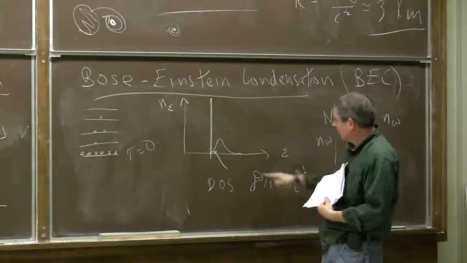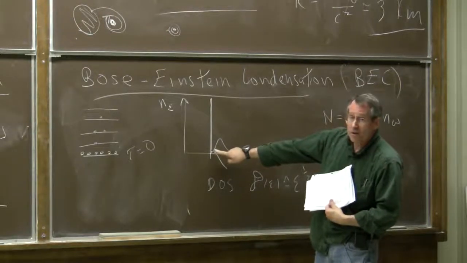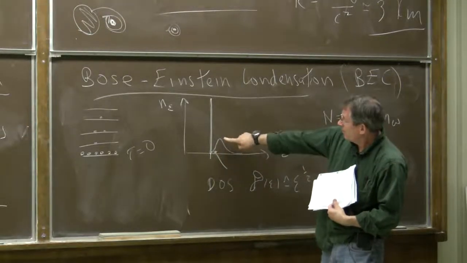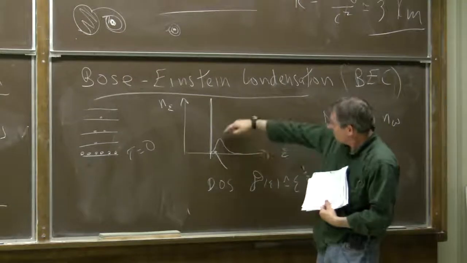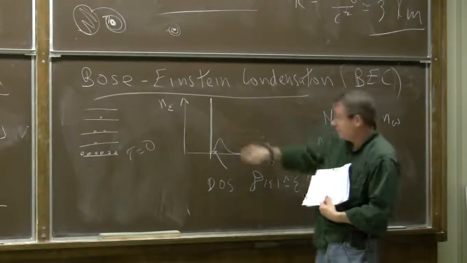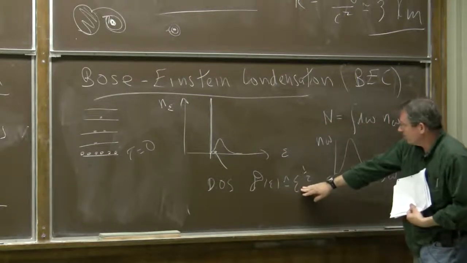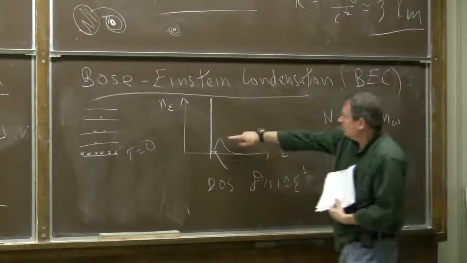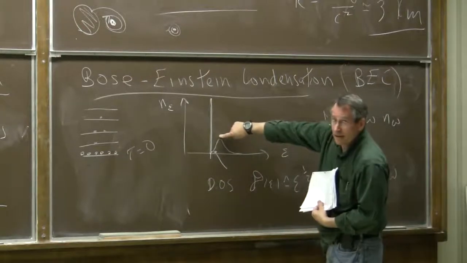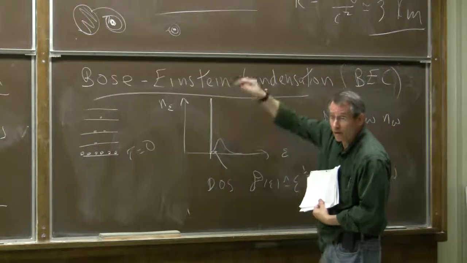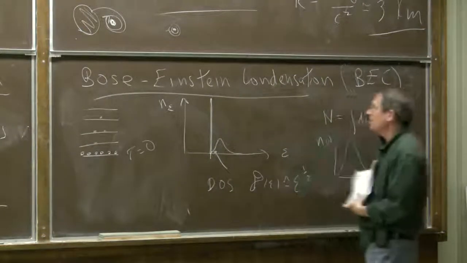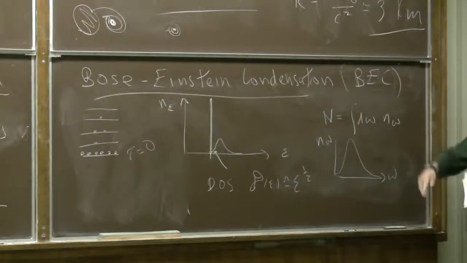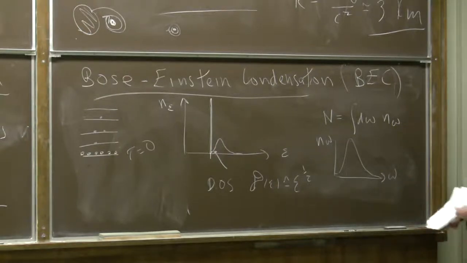There just aren't as many orbitals, so there aren't as many particles per unit energy. And there's some energy range where it has a peak because there's a trade-off. When we increase the energy, there are more orbitals, but eventually the energy is getting large compared to the temperature, and the Bose-Einstein distribution function is starting to suppress the particle number per orbital. So we get a picture that looks like that.